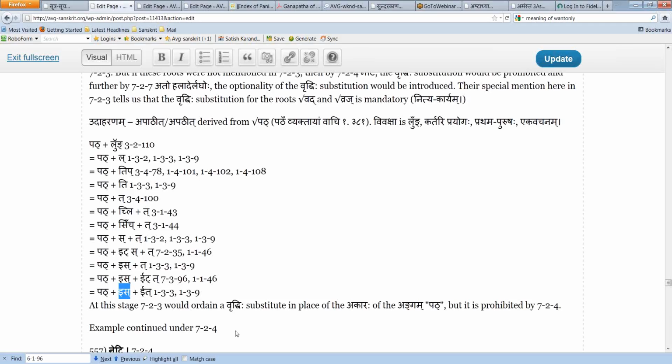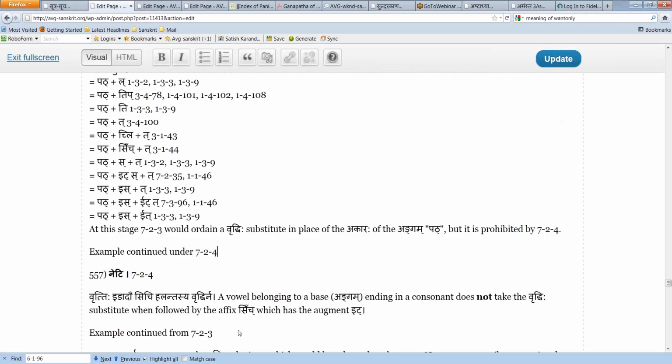But comes the next sutram which says neti. Neti says that idadau sichi halantasya vriddhirna, which I just mentioned to you, that if there is a sich which has taken the id agamaha, then it will not cause a vriddhi operation.